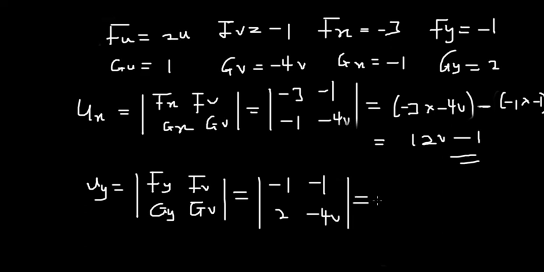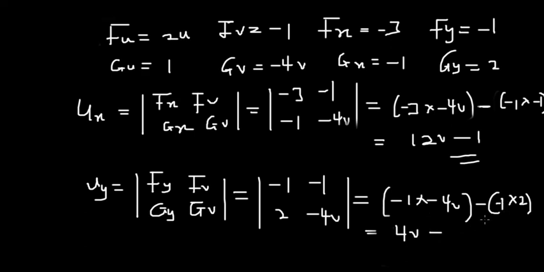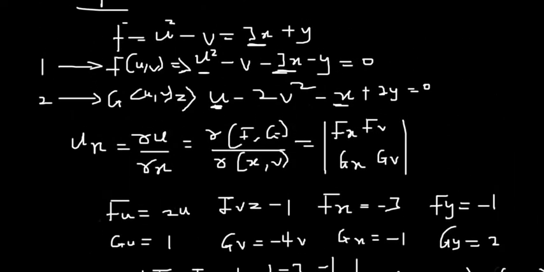So from here, you could just do the simple determinant. We have -1 multiplying -4v, then you subtract from that -1 multiplying +2. So from here we have +4v, then we have -2. So you could just have 4v plus 2 as your final answer. Right, so let's proceed. It's very, very simple.